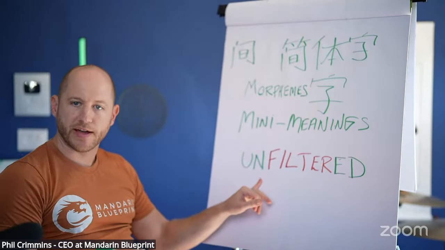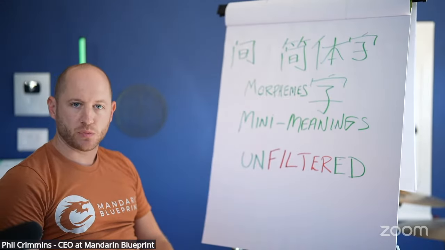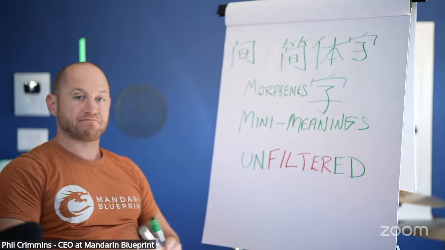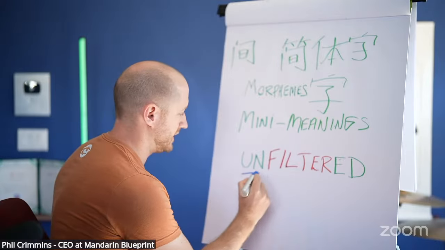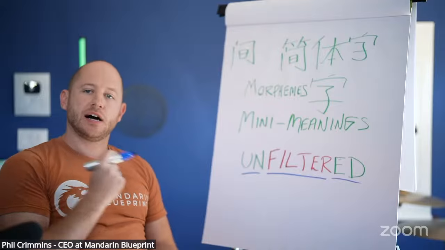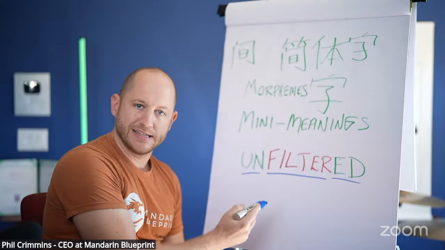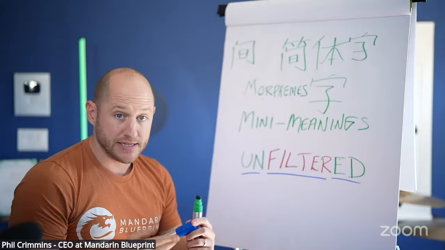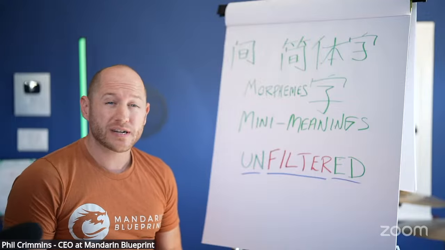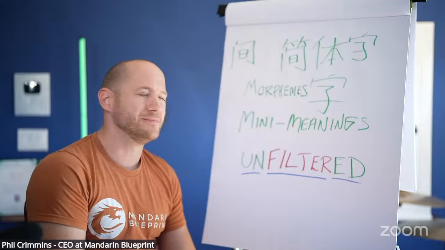Unfiltered. Okay. So how many morphemes, how many mini meanings, are in this word? Well, actually, three, right? You've got un, filter, and ed. And un and ed are not words, but filter is a word. So similarly, Chinese characters can be words or not, but they all have meaning with a few minor exceptions.